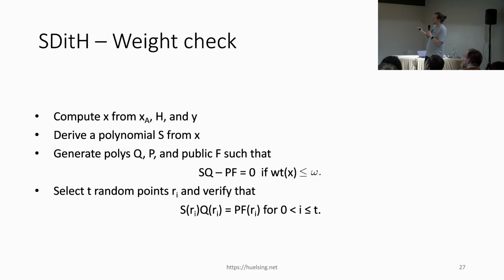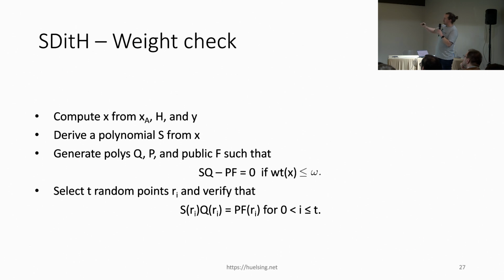And so what we do later on is check that this minus that is actually 0 by evaluating it at random points from a bigger space. If you have a degree d polynomial, it can have at most d roots, or at most d positions where it becomes 0 if it's not the constant 0 polynomial.